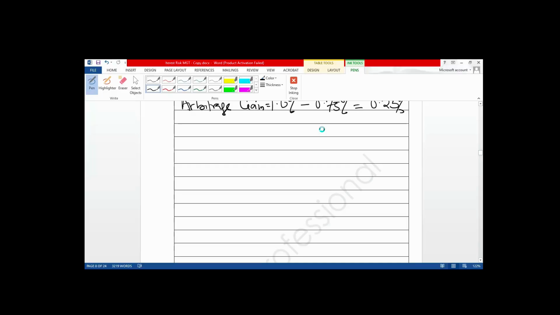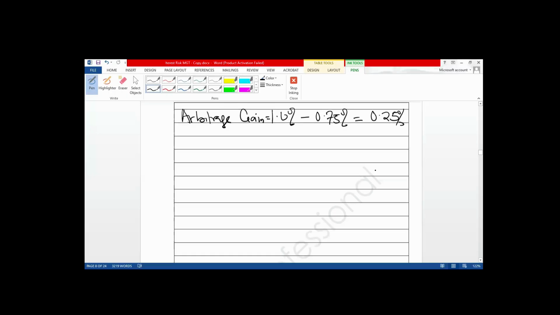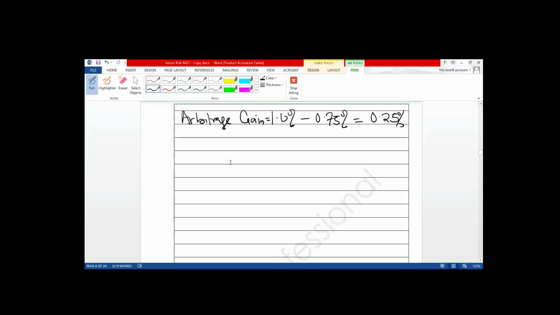That is 0.25 divided by 2, 0.125%. We now move to step 2: design the swap arrangement.